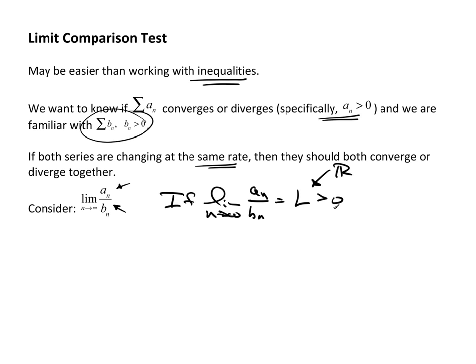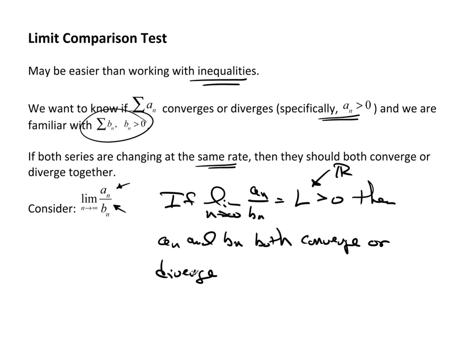That means it can't be infinite, because infinity is not a real number. Okay, so some real number greater than 0, then An and Bn both converge or diverge together.